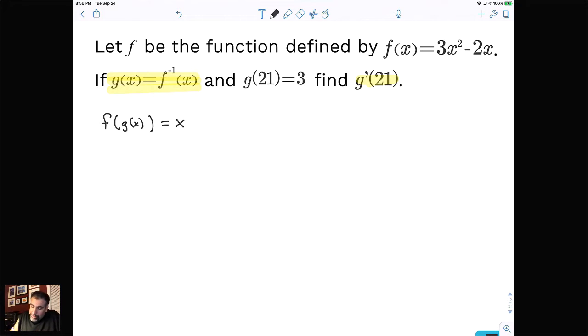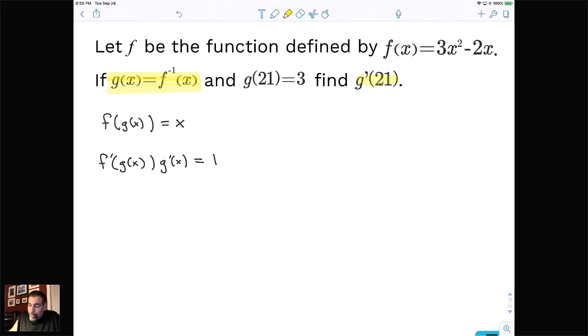So as we look at this guy, the left-hand side is f of g of x. That's a chain rule all the way. That's f prime of something. We're going to copy the inside now. That's g of x. So there's the derivative of the outside. Copy the inside. And now the derivative of the inside is g prime of x. On the other side of the equation, we're going to take the derivative of x, and the derivative of x is 1.